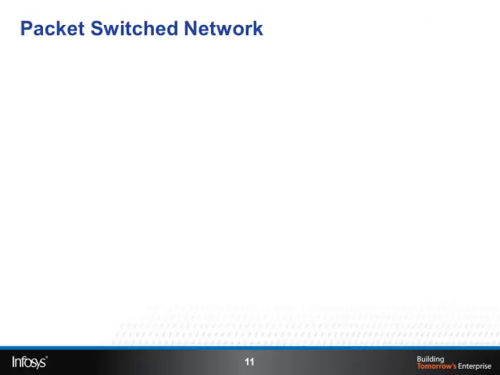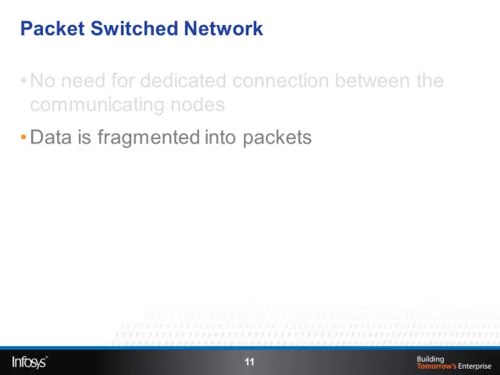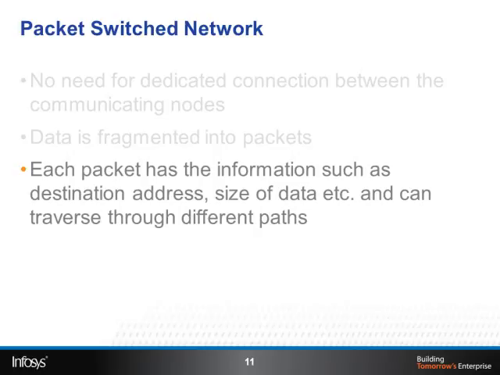A packet switched network does not require a dedicated connection between the communicating nodes. In a packet switched network, the data is fragmented into packets. Each packet has information such as destination address, size of data, sequence number, etc., and can traverse through different paths.